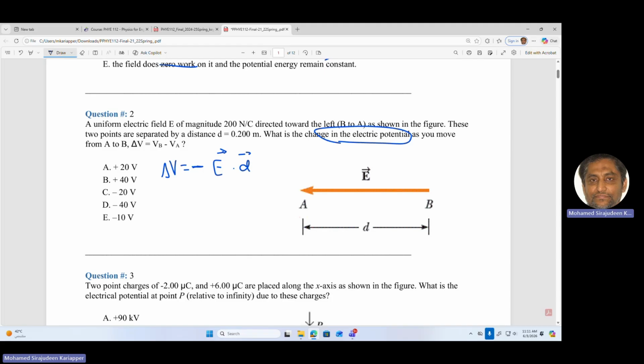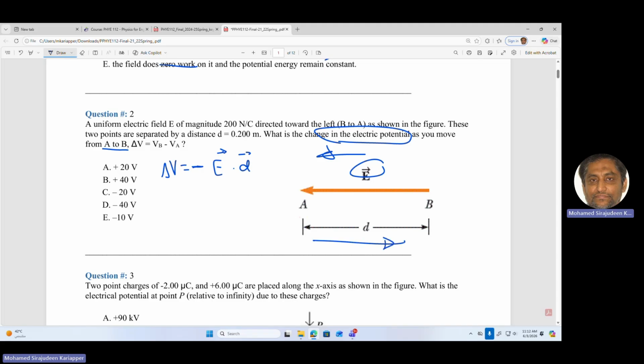Change, so delta V is equal to negative E dot D. If E and D are in the same direction, E dot D will be positive. If E and D are in the opposite direction, E dot D will be negative. In here, E is in this direction to the left, and the displacement, because you are going from A to B, is opposite.